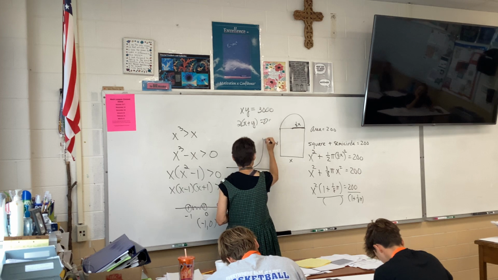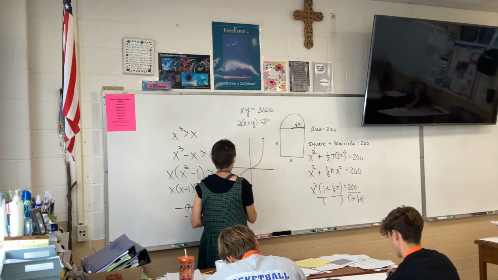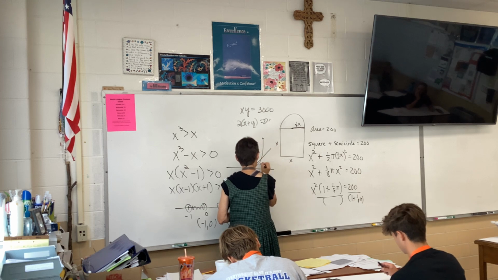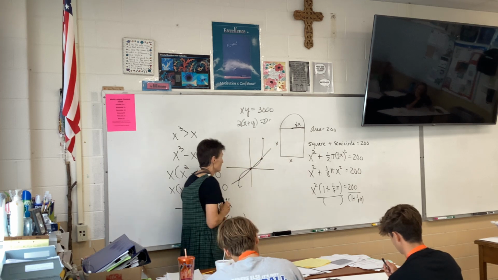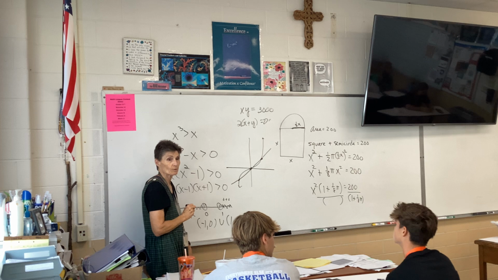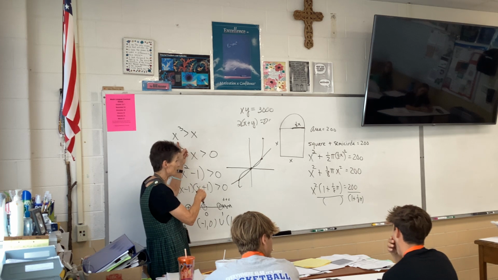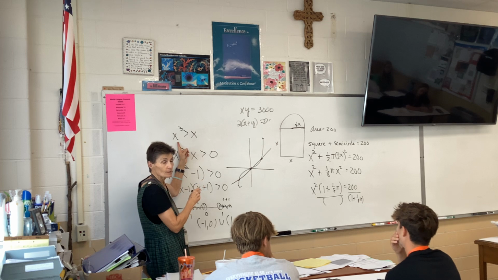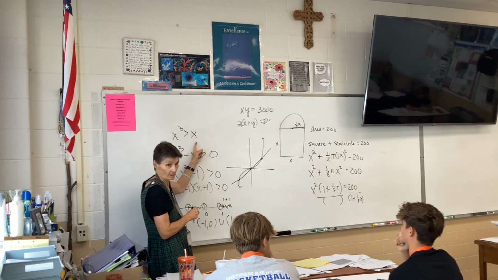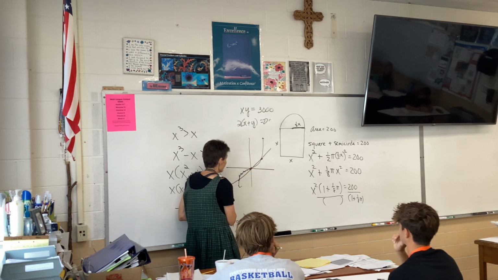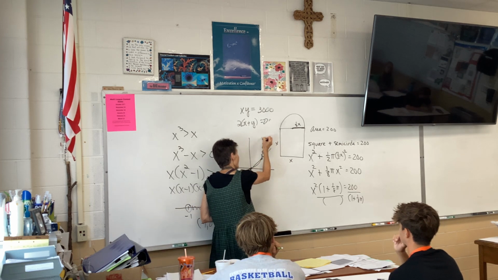When you graph that on your calculator, here is your cube, and here is your x. That's what it should look like when you graph it. You want the cube, which is the squiggle, to be above the line. So that would be this part of the graph and this part of the graph.